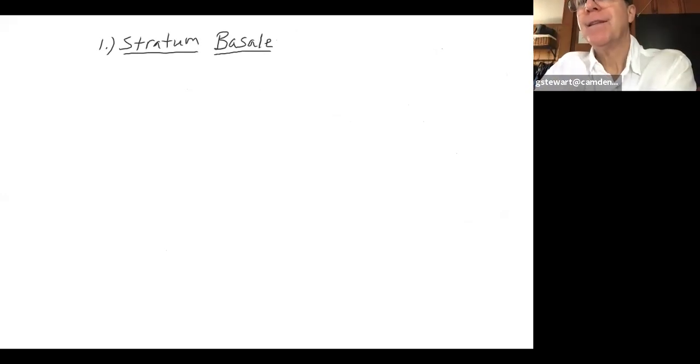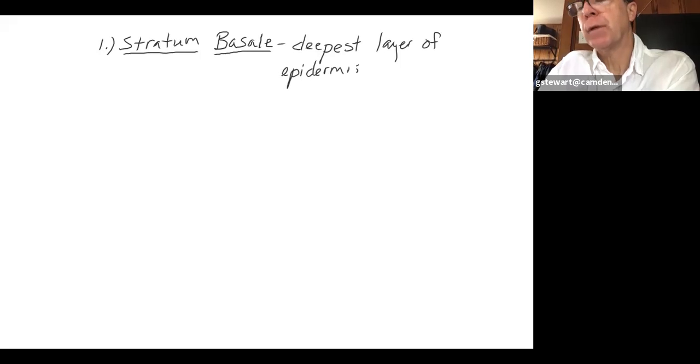So this is the deepest layer of the epidermis, not of the skin as a whole, only of the epidermis. I'll draw a picture of this after we list these layers, okay? The cell types, there are 2 specific cells that we find in this deep layer.